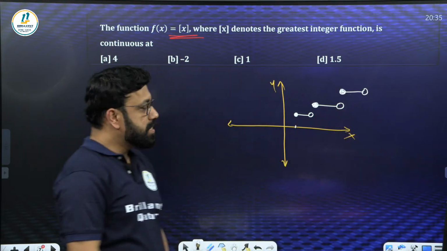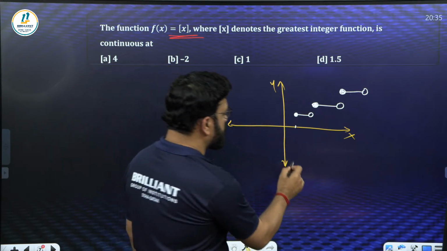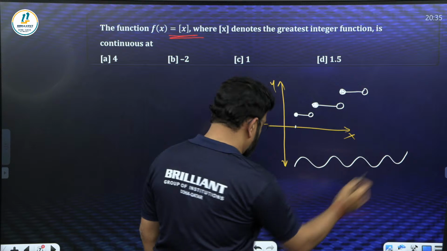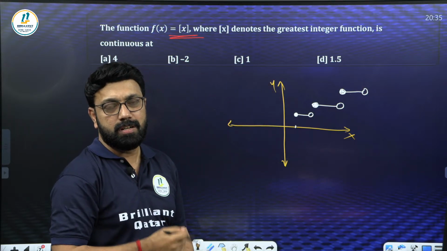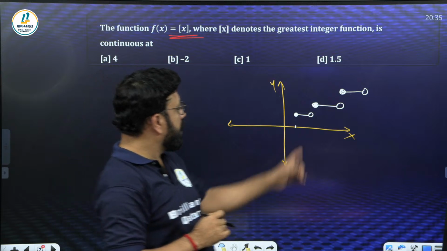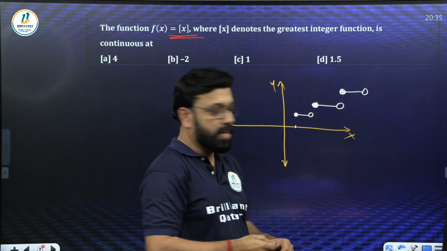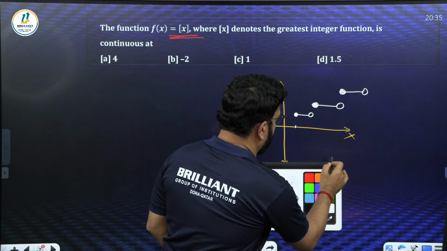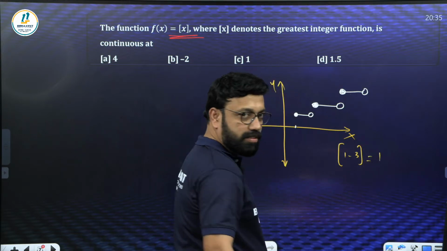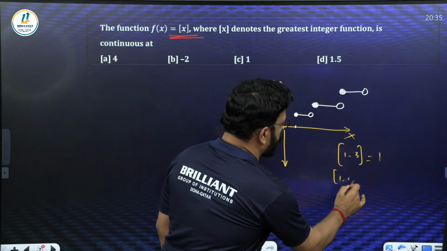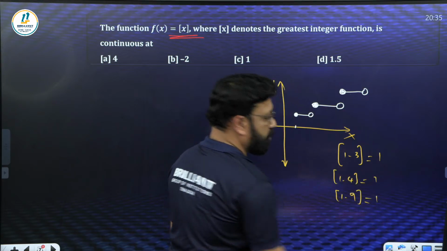What is a continuous function? Continuous means we can draw a line without lifting the pen from the paper or board. So here it is actually discontinuous everywhere. The reason is, in the greatest integer function, 1.3 goes to 1 only, 1.4 goes to 1 only, 1.9 also goes to 1 only.